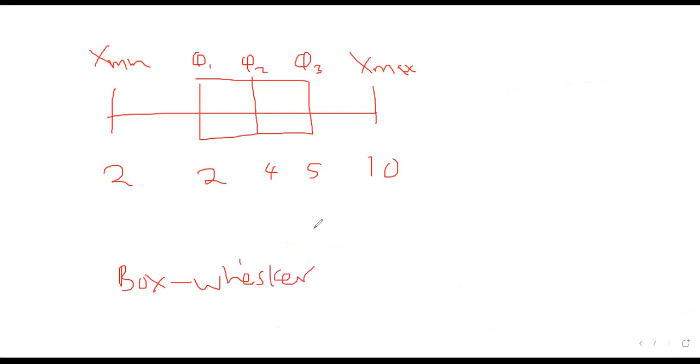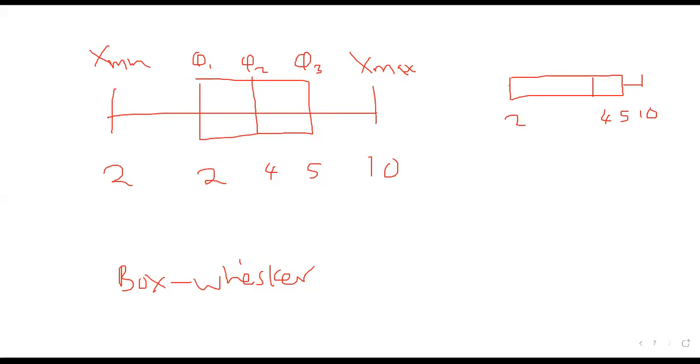Of course, ideally, it's supposed to look like this. It's just for the beginners' purposes. Ideally, it's supposed to look like this here, because 2 and the lower quartile are at the same position. So it may look like this on the axis, but leave it the way I've left it so that you understand what I'm doing.